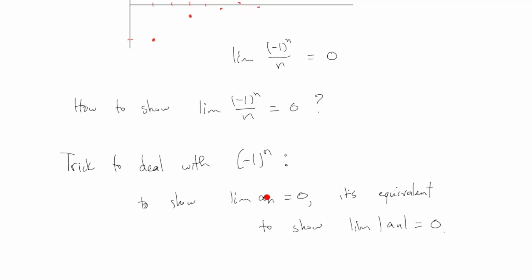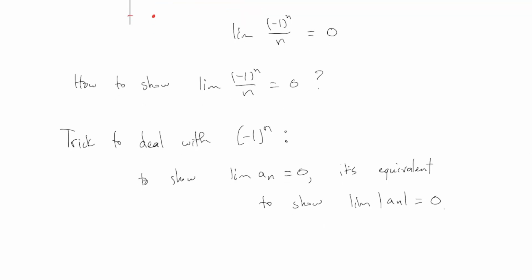If your goal is to show that the limit of some sequence is 0, that's the same as showing that the limit of the absolute values equals 0, because the absolute value of 0 is 0. If the absolute values go to 0, that means the original sequence goes to 0. All right, so that's my strategy here.